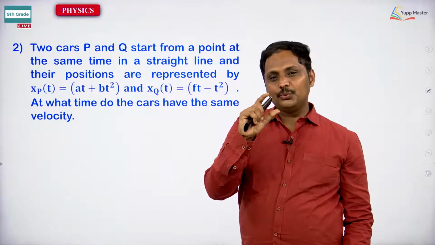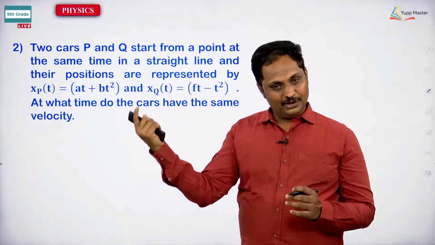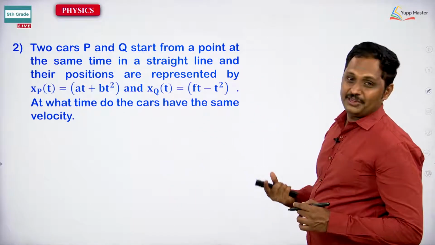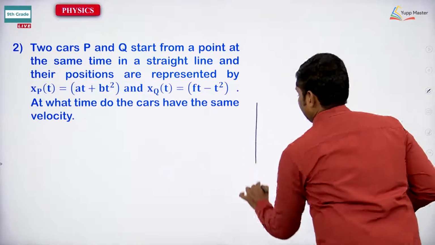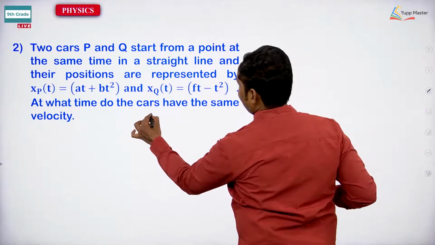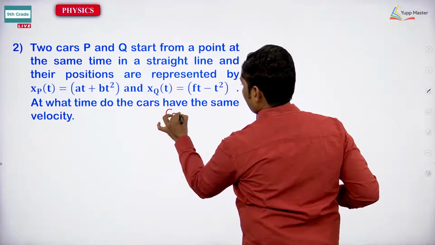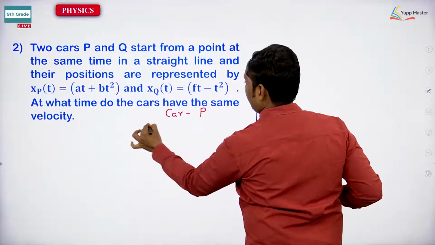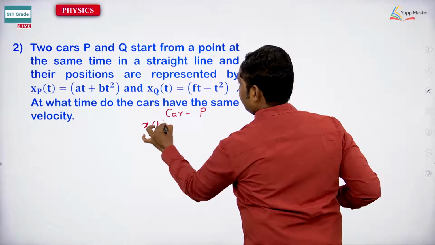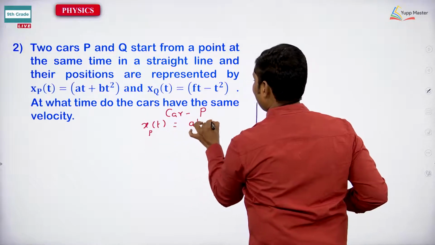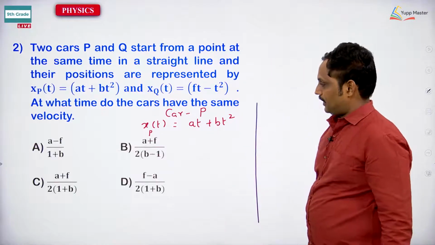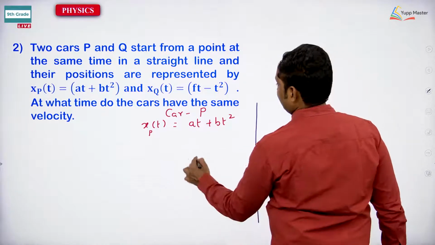You have to equate the velocity of the first car and the second car. First of all, you need to find the velocity of the first car. For car P, position is going to be identified as x of t, that is at plus bt square. Okay, we will use this space.